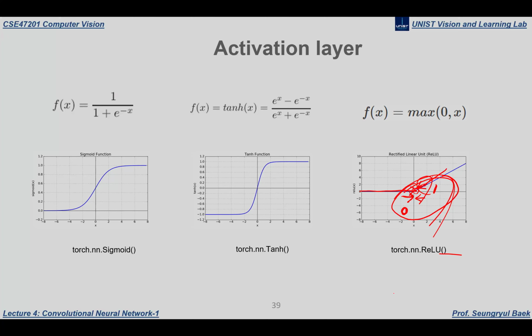But this is kind of a trick. In a computer, when getting the value of some intermediate response, there's a very low probability that the response will be exactly 0.